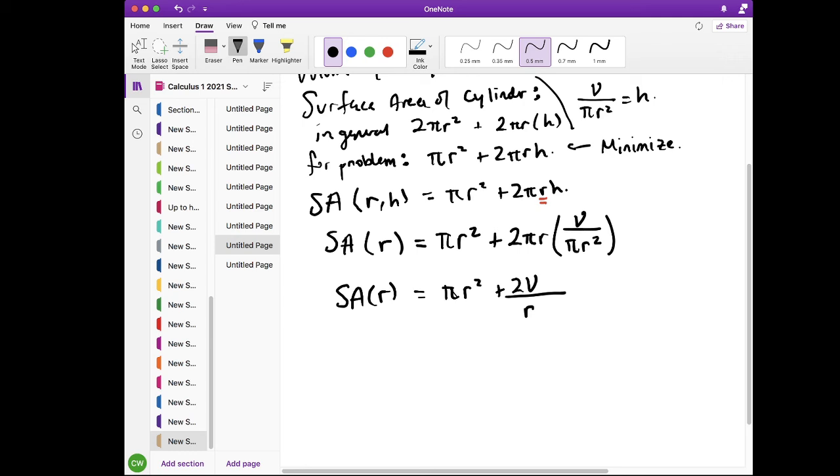Okay, so even more, we could combine fractions. And we get pi r cubed plus 2v divided by r. Okay, so any questions on those steps there?